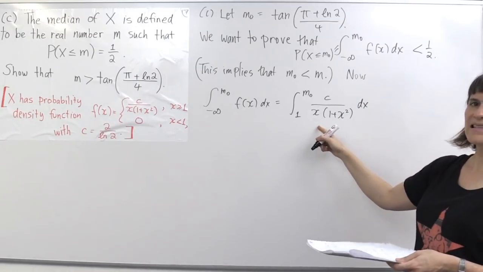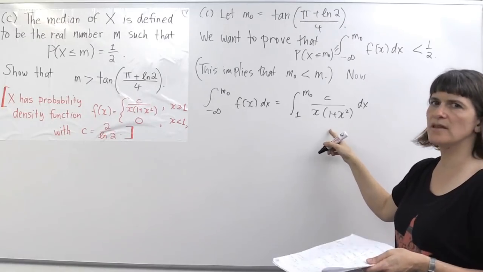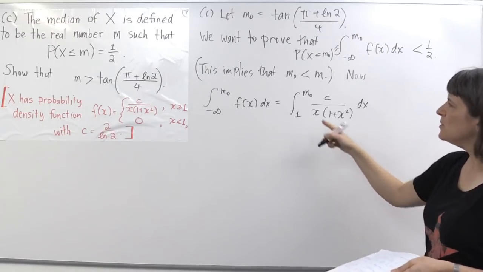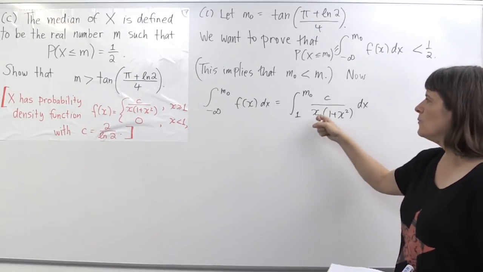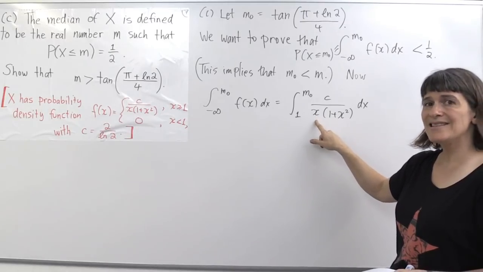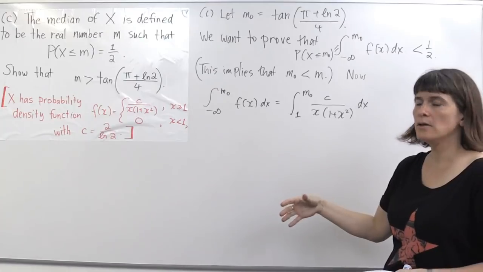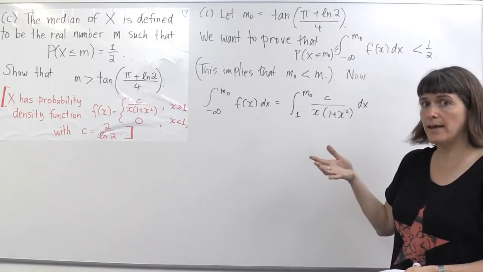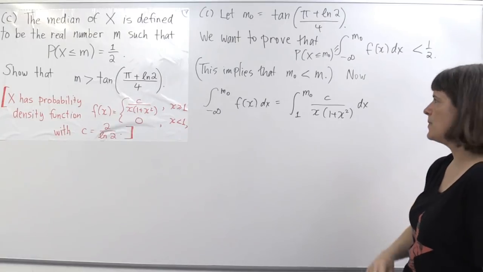And I don't really like this x here. It makes my life difficult, and as I sort of said before, you can try to think about partial fractions and stuff, but here we could use the fact that we can be a bit sloppy. We only need an upper bound, and everywhere that we're integrating, this x is greater than or equal to 1, and it's in the denominator. So if we leave it out, we'll be integrating something that's bigger, strictly bigger in fact, and that's fine for an upper bound.